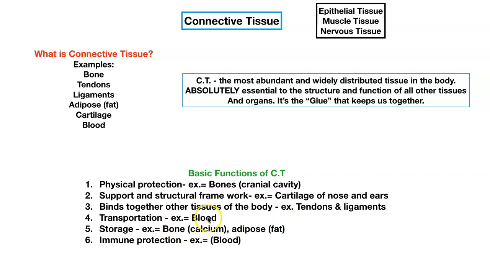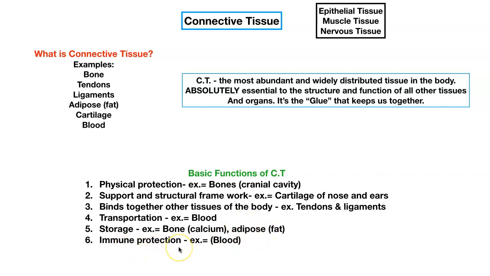Transportation, an example would be our blood. It's transporting lots of stuff. Oxygen, white blood cells, nutrients, hormones, a bunch of stuff. Storage, an example would be bone stores calcium. So we have calcium stored in our bones, and fat obviously is stored in our adipose tissue.